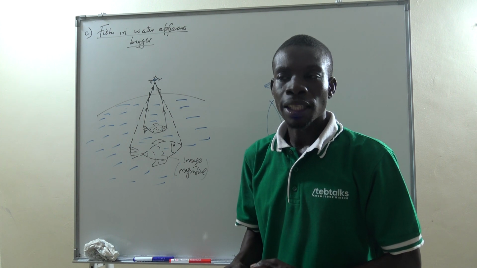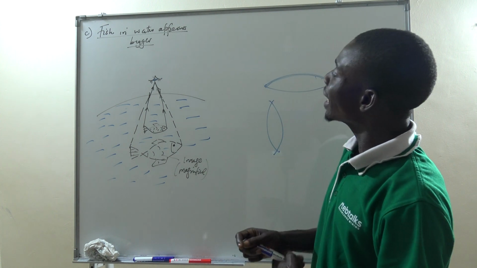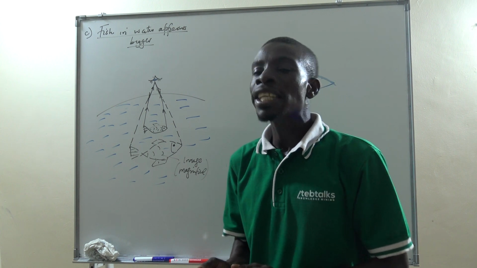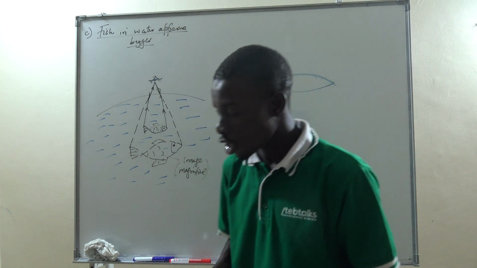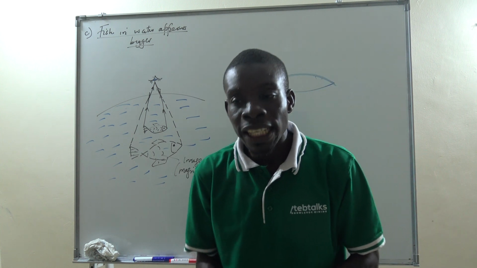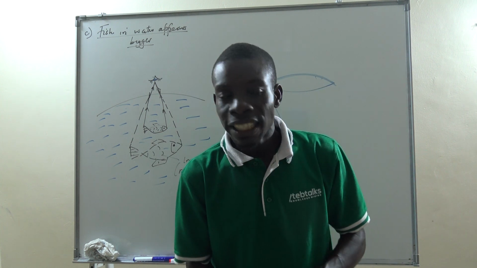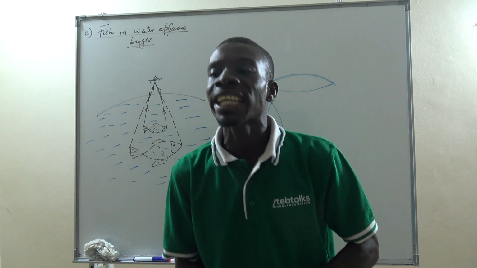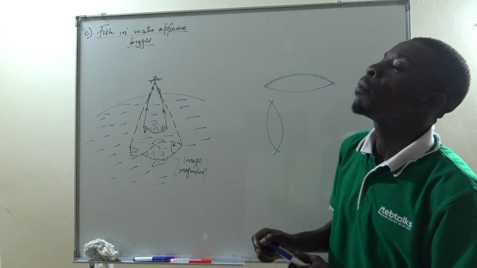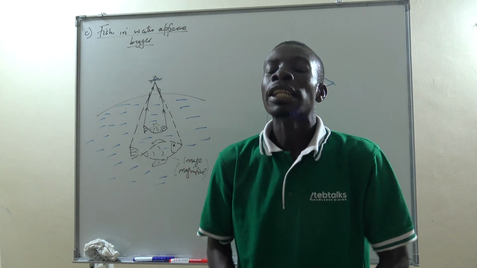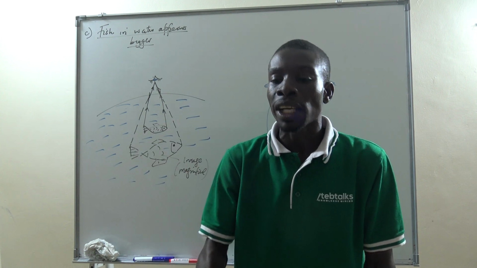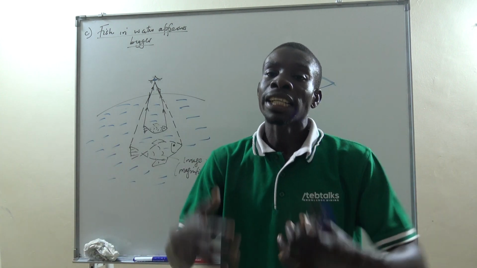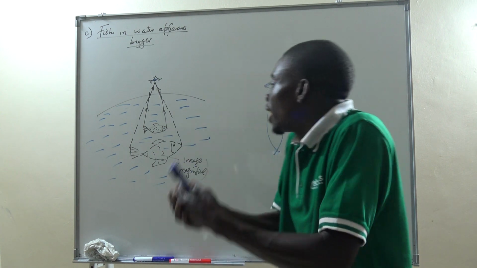I'm repeating it: for convex lenses, if the object is within the focal length or before the focal point, the image is magnified. And that is what we are calling a magnifying glass. For a magnifying glass, we ensure that the object is within the focal length. If the object is within the focal length, the image becomes big. So that is the action of a magnifying glass.